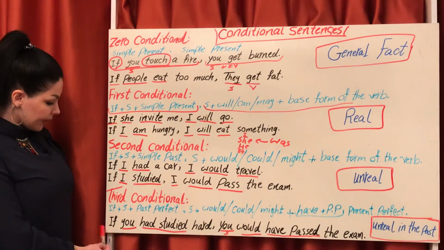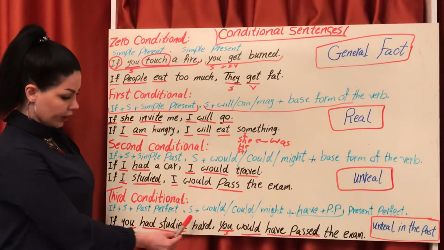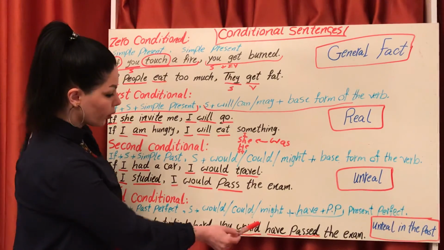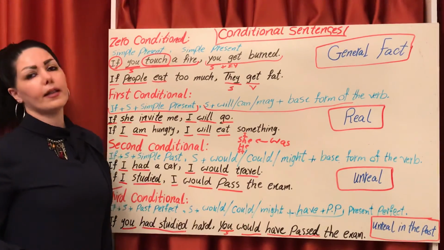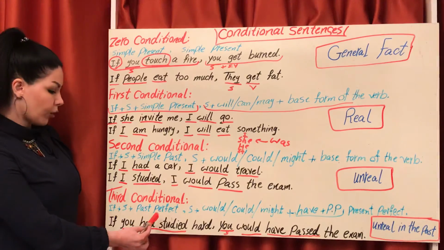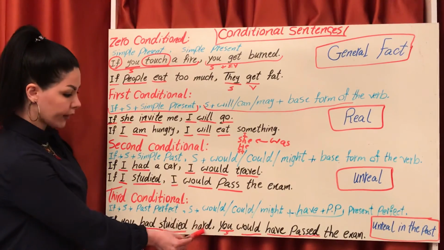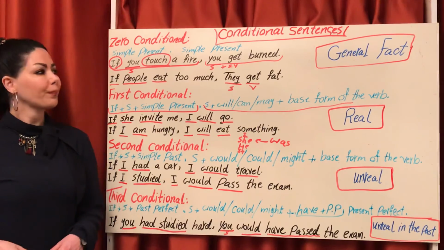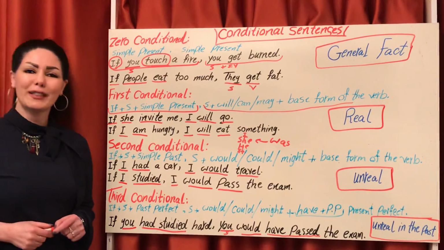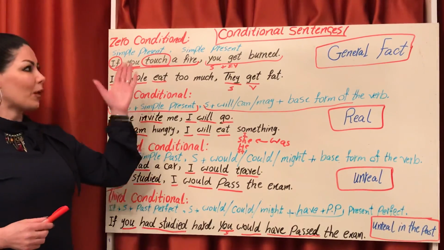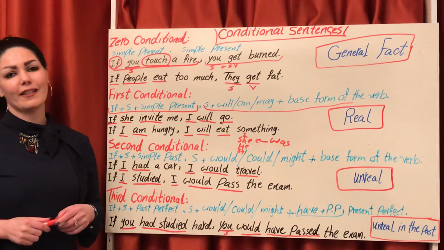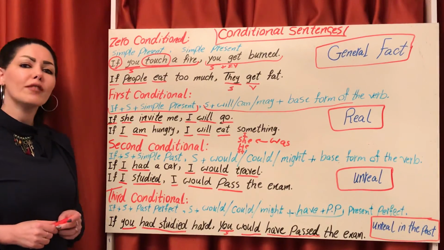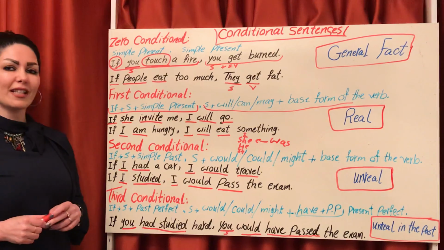For example, if you had studied hard, you would have passed the exam. I hope you understand completely about conditional sentences and you don't have any problem about this subject.